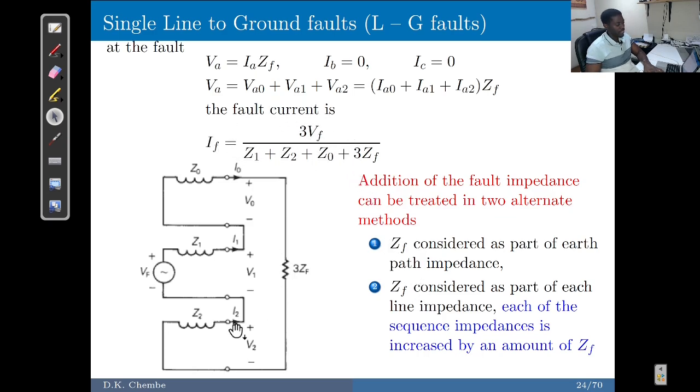This is zero, positive, negative sequence, all connected in series, and you've got 3ZF added there coming from the fault impedance.